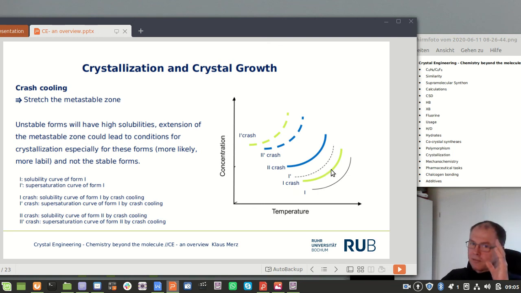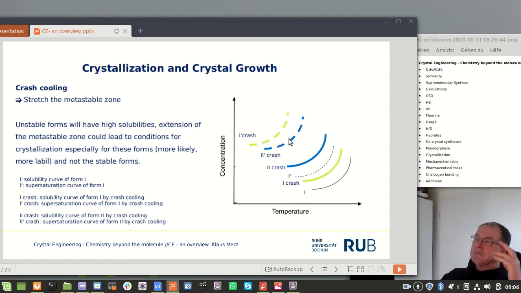Always, first you have a task, you have an aim, and then thinking about how you can solve the problem, your question. What is the answer? And very often when we must talk about the metastable zone, how we can use it, at which point and why, and so on.